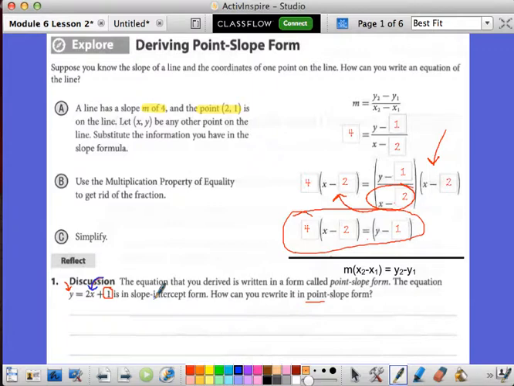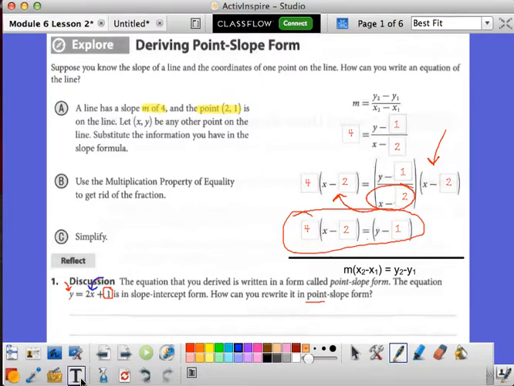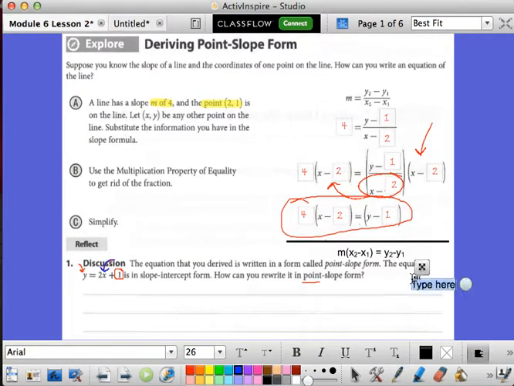In this case, we know that the y-intercept is 0, 1.